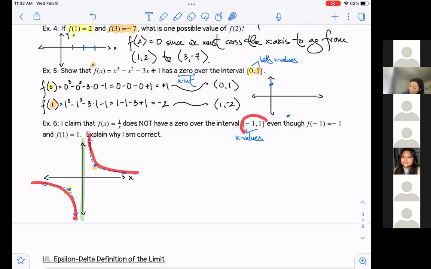That means that in the interval I'm looking at, I have a discontinuity. And if I have a discontinuity, then I'm no longer guaranteed to be able to connect them and therefore guarantee the x-intercept.